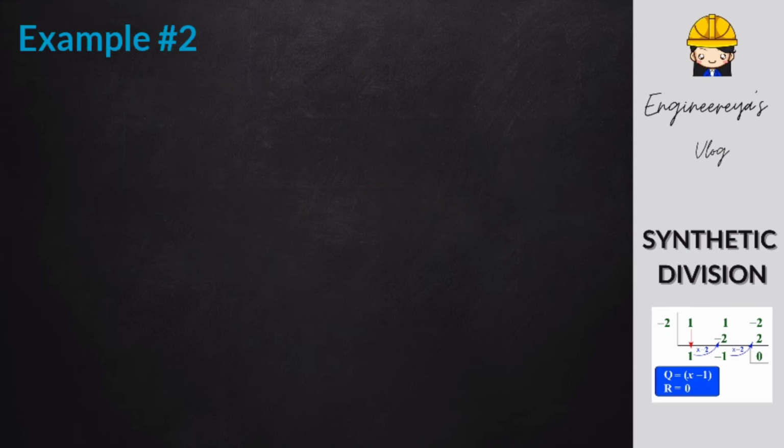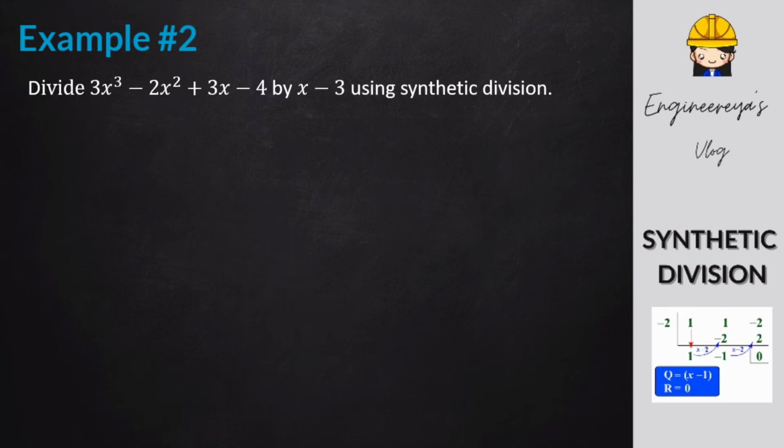Let's have another example. The next example is 3x cubed minus 2x squared plus 3x minus 4 by x minus 3 using synthetic division. First, write down all the coefficients and put the 0 from x minus 3 equals 0, so it will become x equals 3 at the left. Next, bring down the 3 that indicates the leading coefficient.